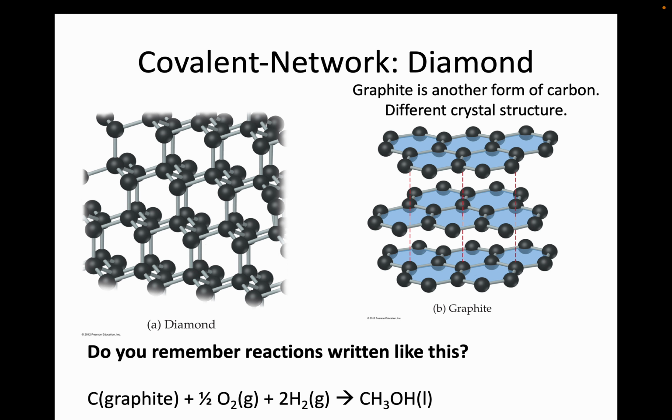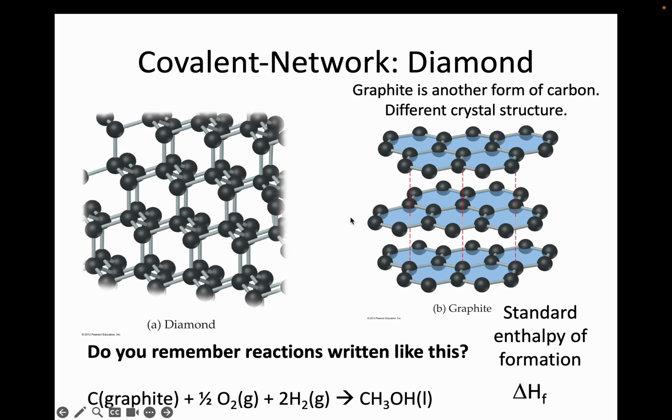Now, we've seen notation like this before. Carbon as graphite, reacting with 1/2 O2, 2H2 to form methanol. Do you remember what we did with that notation? That was writing a standard enthalpy of formation reaction, and that was referring, in this case, to carbon when it was in the graphite structure.